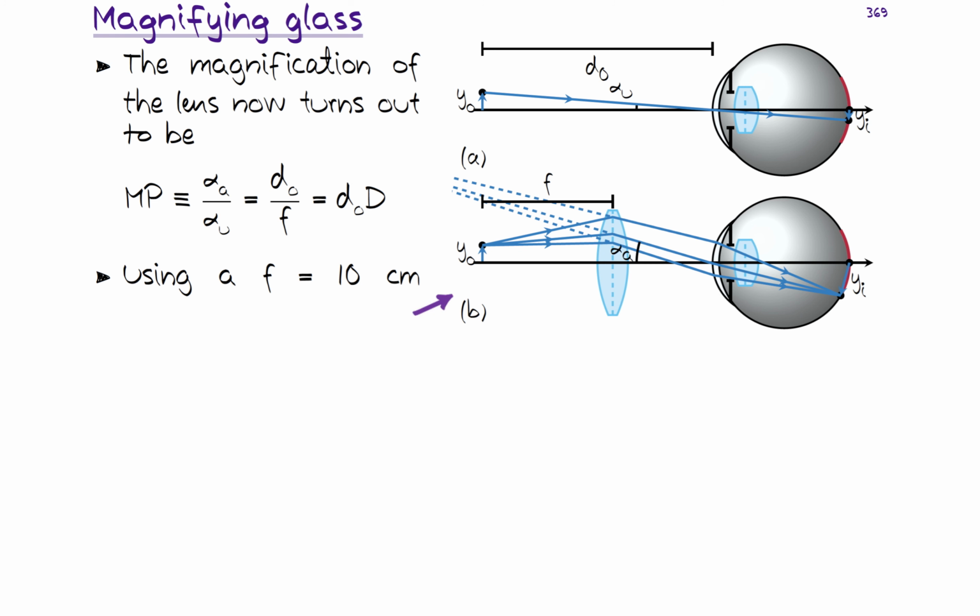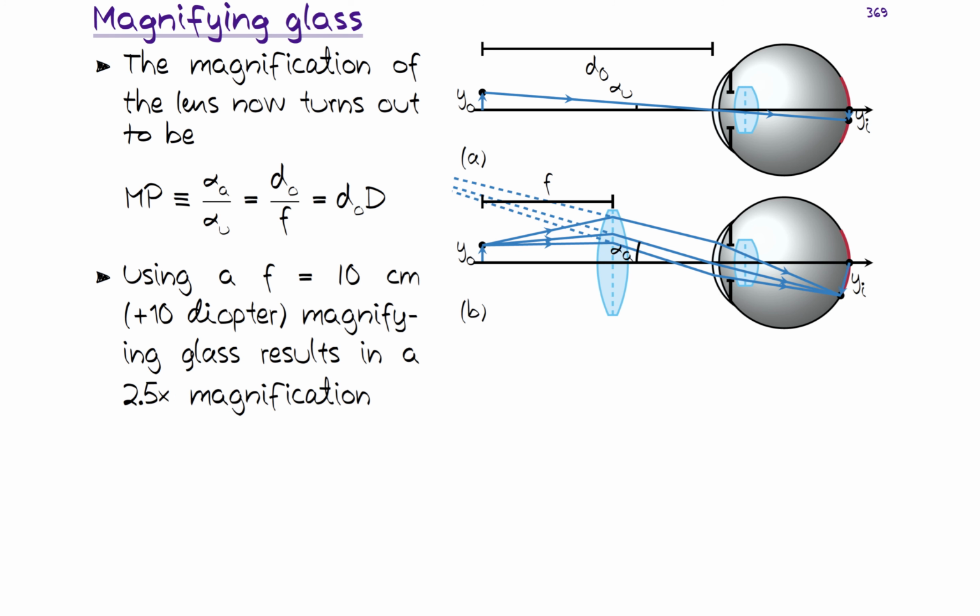And of course, if we were able to adjust the location of my object, the transverse magnification would be changed accordingly. An example calculation would be that if I have a magnifying glass that has a focal length of 10 centimeters, that would be 10 diopters in the optical units, then this kind of magnifying glass would result in a 2.5 magnification if the d_O would be 25 centimeters.